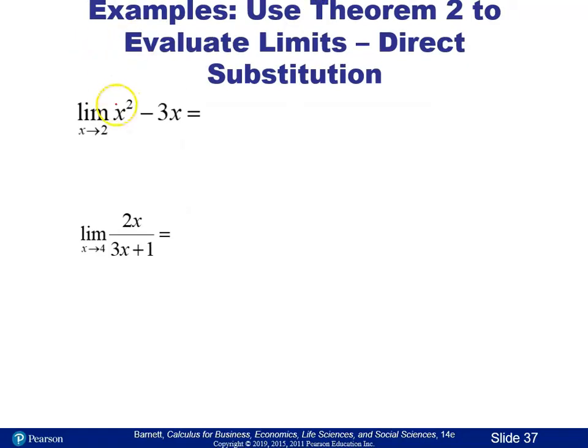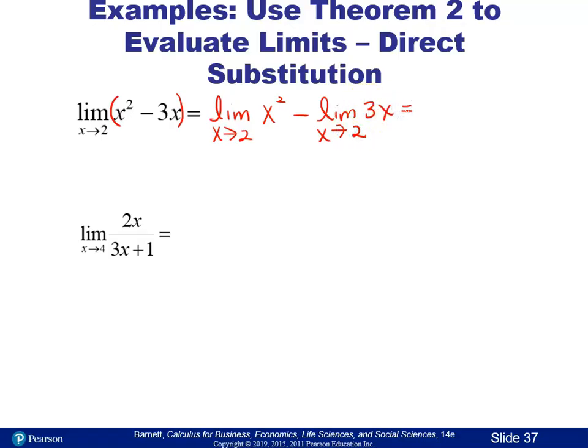If I've got something like this, by our properties that we just looked at, that would be equal to the limit as x approaches 2 of x squared minus the limit as x approaches 2 of 3x.